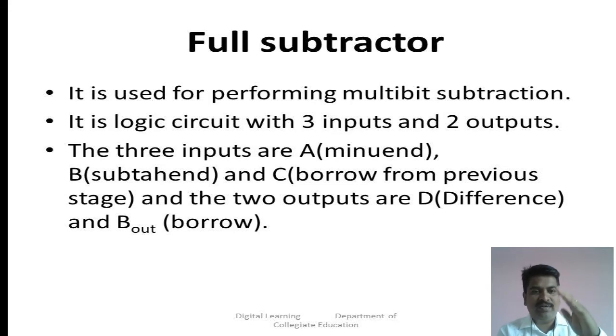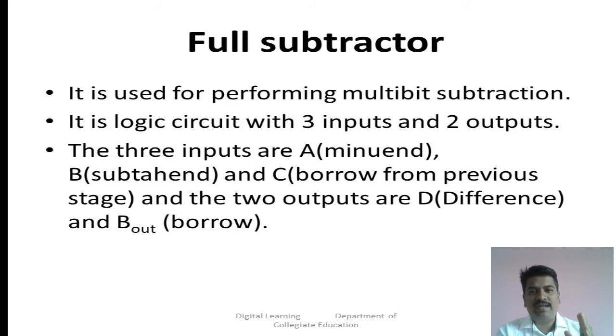If I take a borrow from the previous stage, that is from the least significant bit in a binary number subtraction, now the numbers become 3 here. 2 is already there, we have taken a borrow from here, so now it becomes 3 over here. So for the subtraction of 3 bits, you require this full subtractor. Full subtractor is required in a case of taking a borrow from the previous stage.